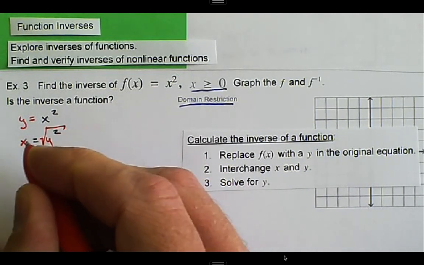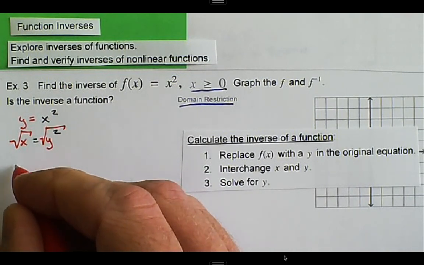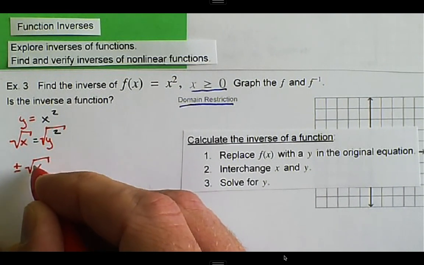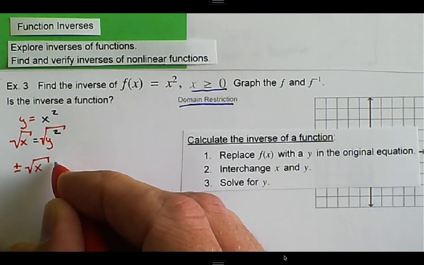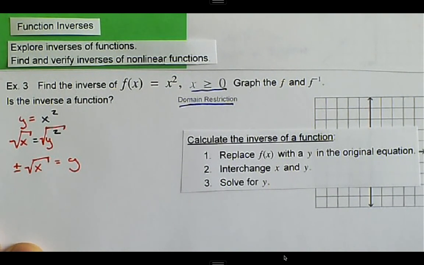So we take the square root of both sides. And when we take the square root of both sides, we get plus or minus the square root of x is equal to y. In this case, because we restricted the domain, we get to only consider plus for the square root.